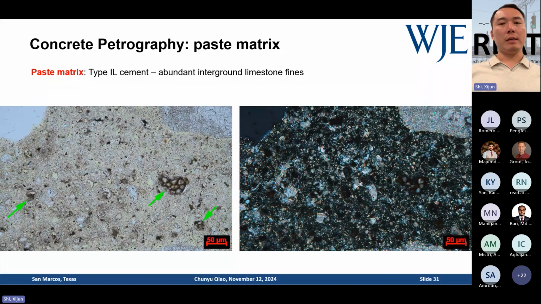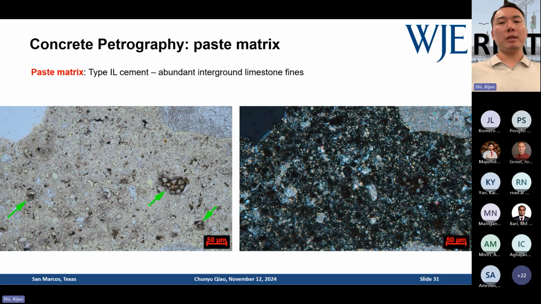And these days people use Type IL cement, right? So normally you don't really get Type I/II cement anymore, especially here in Texas. So you have limestone in your cement. So here you still have cement particles, of course, the green arrows. And also you have a lot of limestone fines in the Type IL cement, up to 15%.